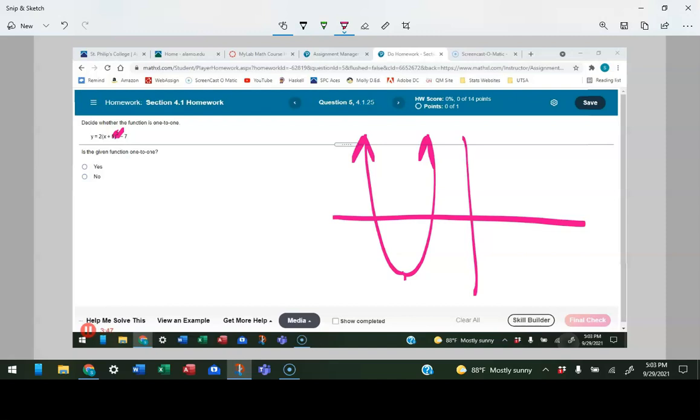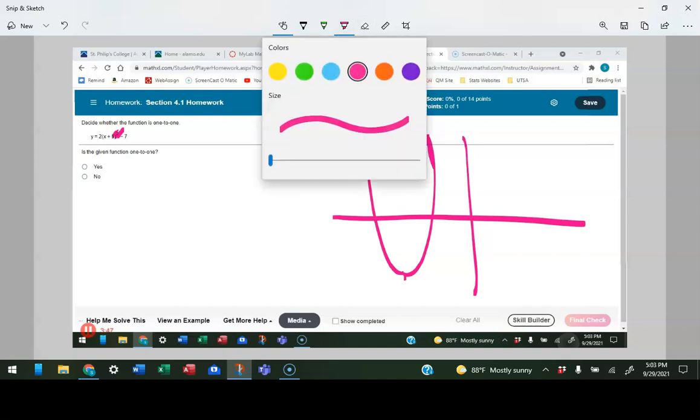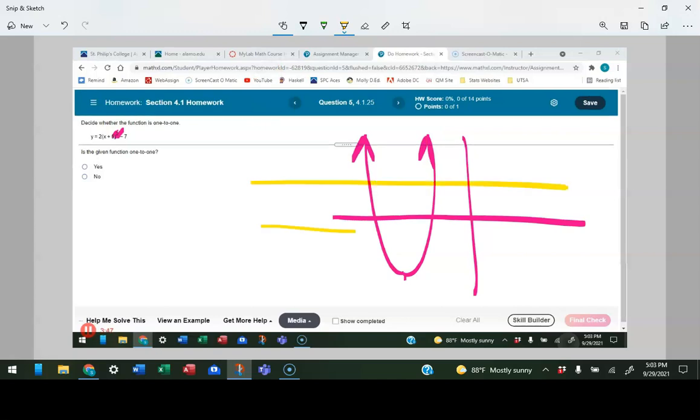So does he pass the vertical line test? Yes, he does. Does he pass the horizontal line test? No, he does not. So he fails because I've got multiple y values. Okay, I have repeating y values. And how do I know that? Looking at the equation, if I come back over here and look at the equation, I've got an x plus 5 squared.